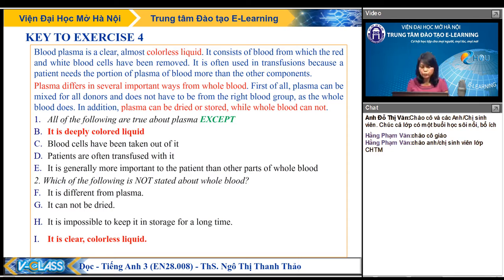So the answer to question number 1 is it is deeply colored liquid. Why is it not true? Look at this one. Here is a keyword. Blood plasma is clear, almost colorless liquid. And in the exercise, it is colored liquid, so it's not true. 1 out, the first one out.